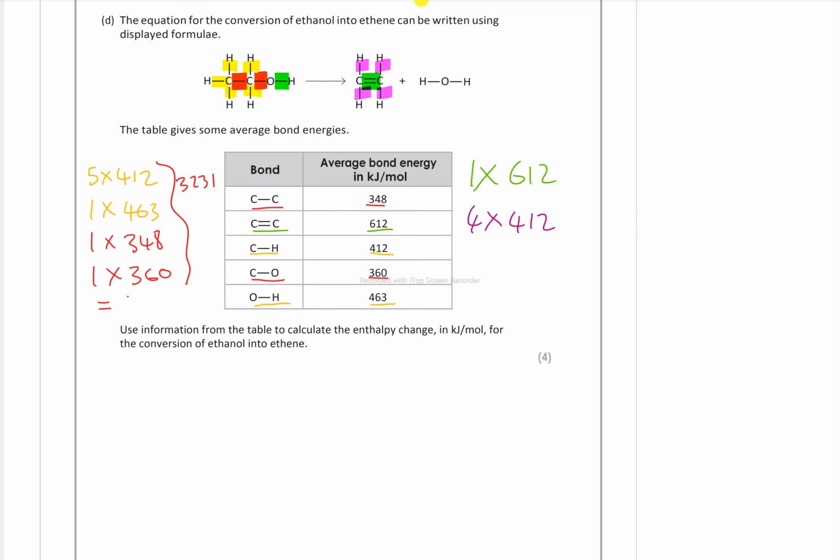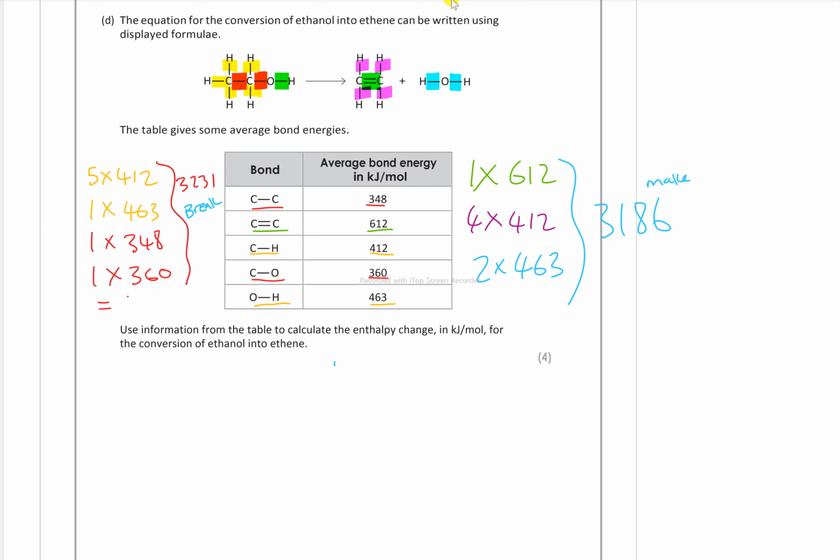And then you've got OH. You've got 2 times OH is 463. Right, this is 3186. So this is break and this is make.